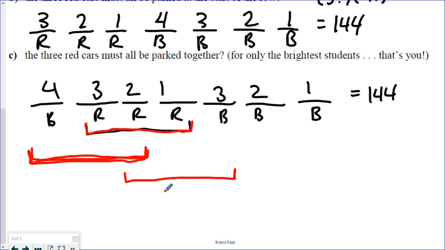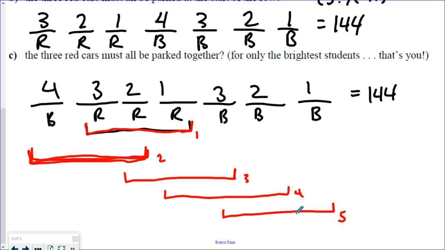We could have them in positions 4, 5, and 6. Or we could have them in positions 5, 6, and 7, so at the end. So in total there are 5 different places where the 3 red cars can be. So we would need to take that 144 and multiply it by 5 to figure out where the red cars would be within the line. We know they need to be together, but we need to figure out where they actually are.